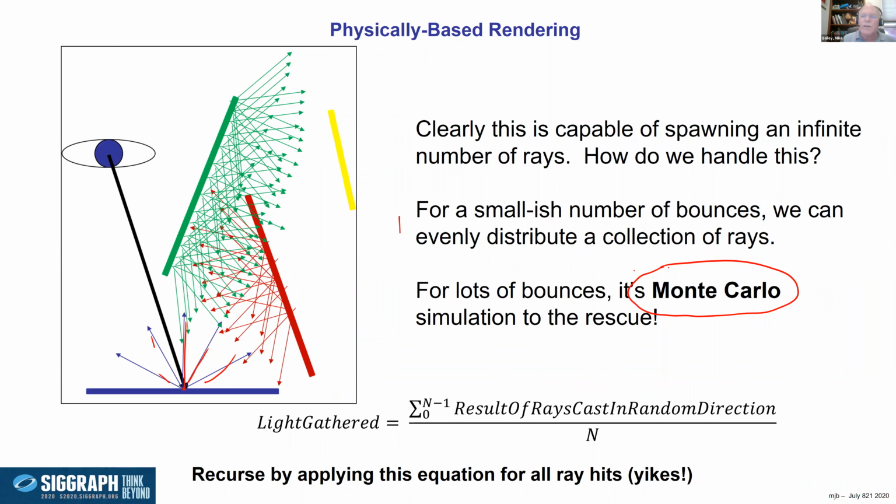So there's some interesting work that's gone on here, and some interesting work in accelerating that using the GPU. But a lot of the really great looking images you'll see at SIGGRAPH are created this way, with these BRDFs and with Monte Carlo simulation to keep the number of rays manageable.